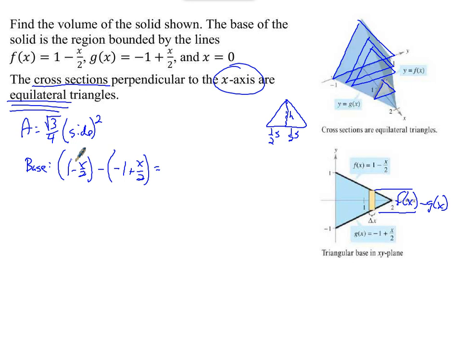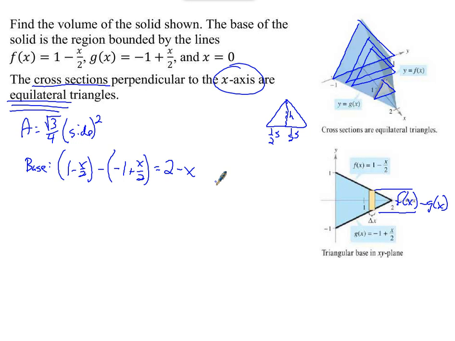We have 1 minus negative 1, which is 2. And then we have negative x over 2 minus x over 2, which is negative 2x over 2, which is just minus x. So the side length of my representative rectangle, which forms my equilateral triangle, is 2 minus x.